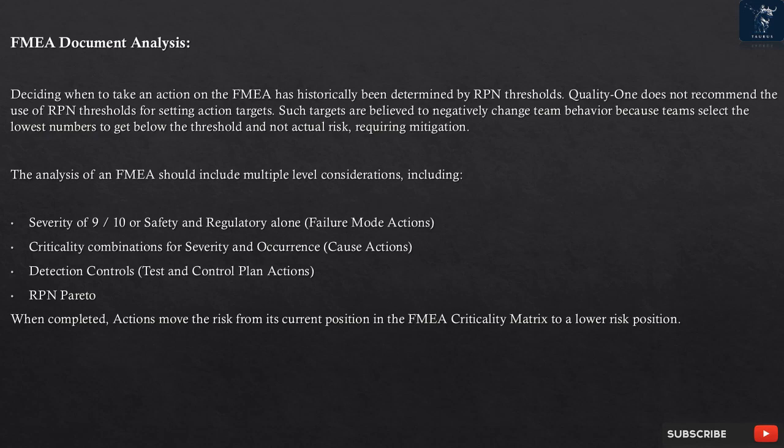The analysis of an FMEA should include multiple level considerations, including severity of 9/10 or safety and regulatory alone, failure mode actions. Criticality combinations for severity and occurrence, cause actions. Detection controls, test and control plan actions. RPN Pareto. When completed, actions move the risk from its current position in the FMEA criticality matrix to a lower risk position.